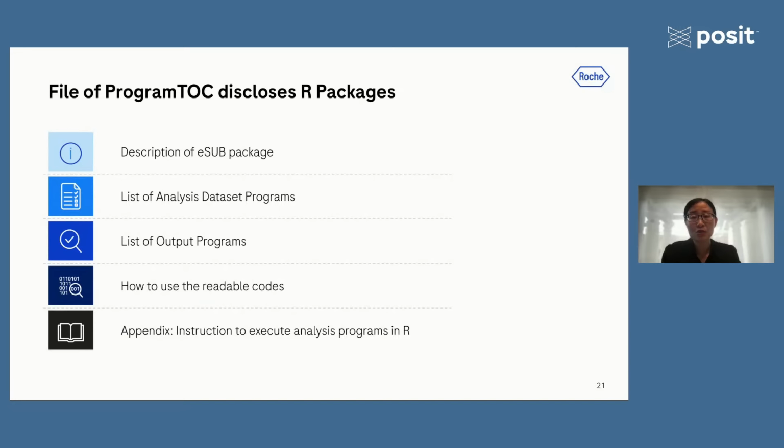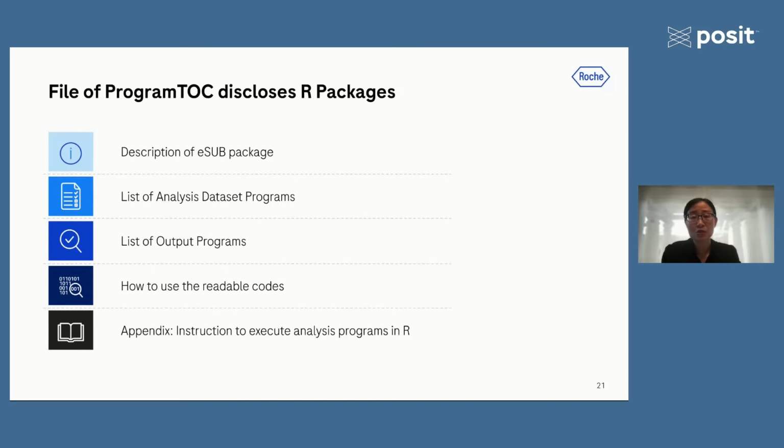So far, it mirrors what is typically found in the traditional submission, ensuring consistency and clarity. The final section, how to use the readable code, is a place where we provide the information about the R packages that we have used in our analysis. And we can see the example from the next slide.